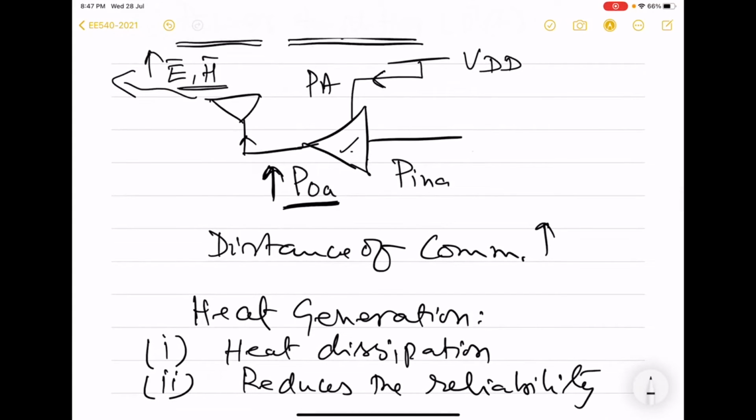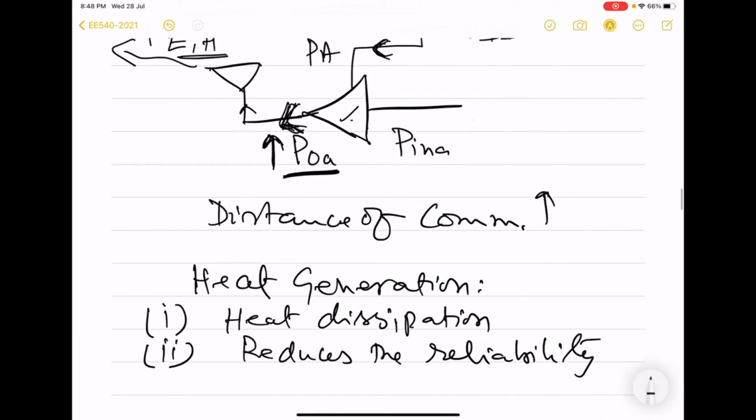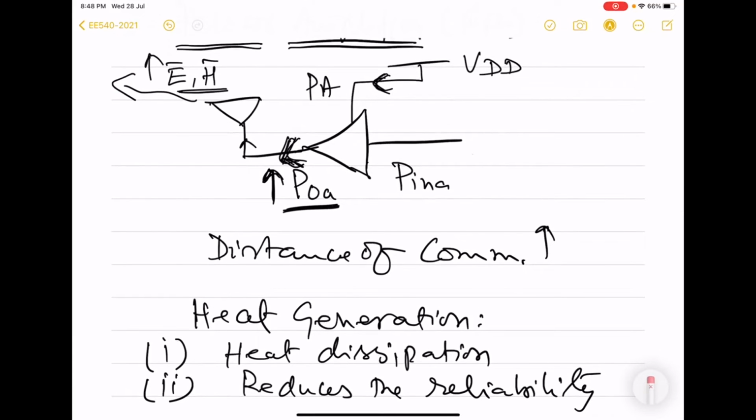So this heat gets generated because not all the power that is drawn from the supply gets converted into the output power by the amplifier. So as a designer or even as a user, what we are interested in power amplifier, which is very good at converting this input power into the output power.